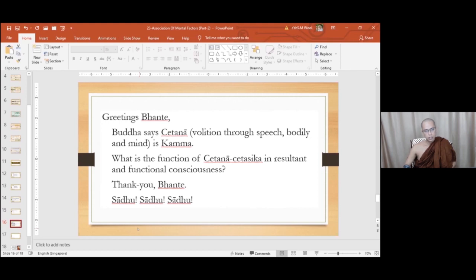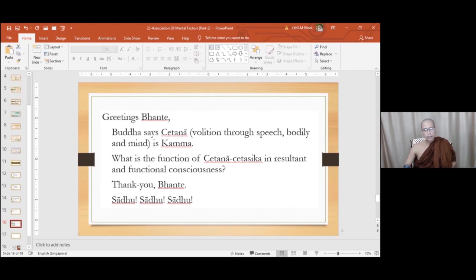Then in the case of resultant consciousness, when the cetana arises with the resultants, the resultant itself is the result of wholesome and unwholesome karma, so it does not have an active function in the resultant consciousness.